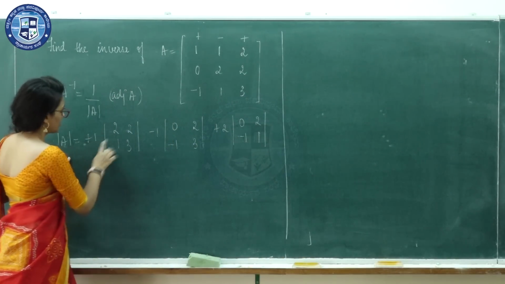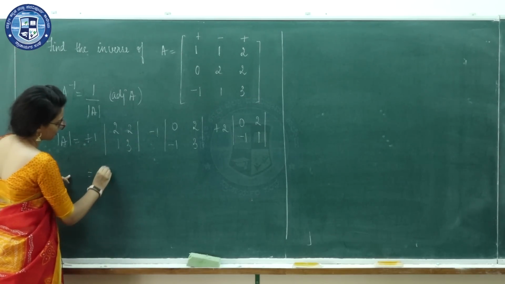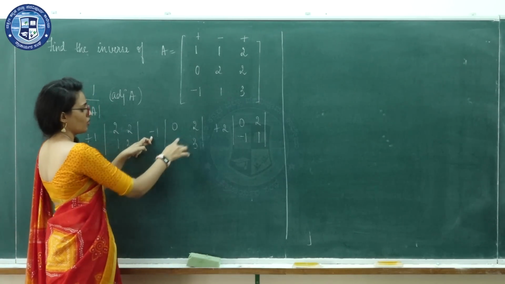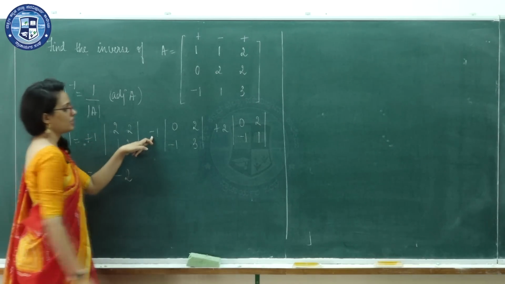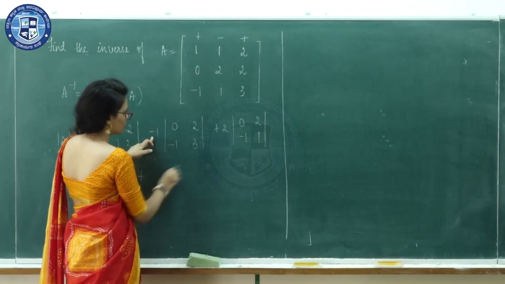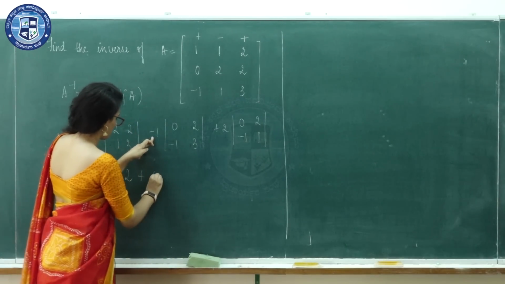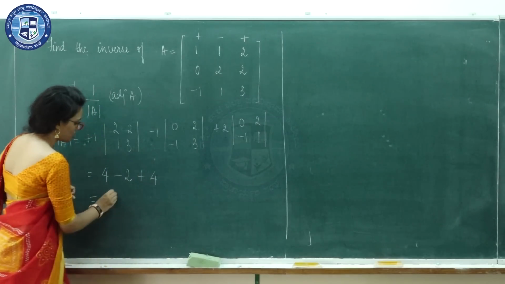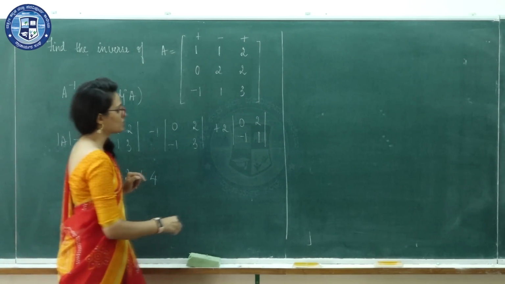We get, this is 6 minus 4, that is 2, minus 1 into (0 plus 2), that will be 2. Here plus 2 into (0 plus 2), that is 4. So we get 4 plus 4, 8, 8 minus 2 is 6. So we got the determinant value equal to 6.